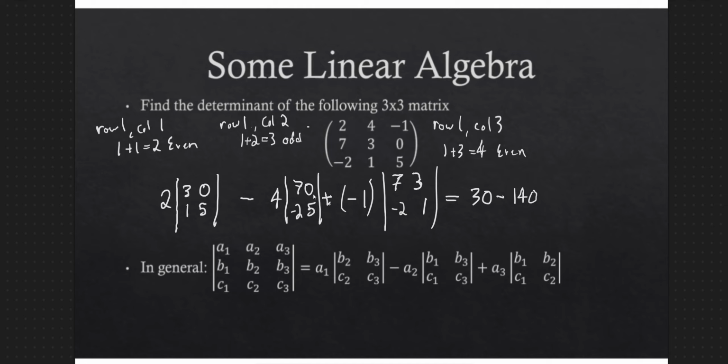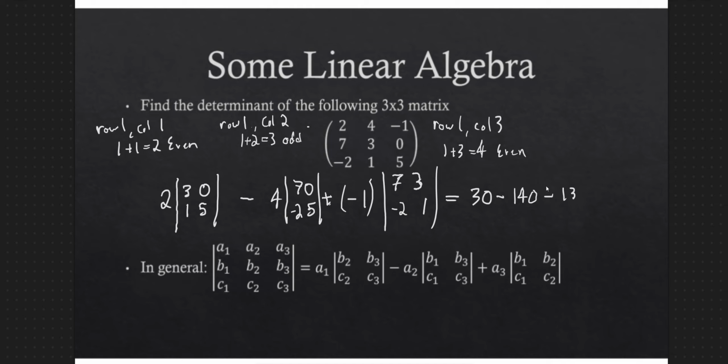Let me do that calculation again. 7 times 5 is 35, minus 0, so 35 is this determinant, times 4, 140. Good. And then the last one, here I have 7 times 1, 7 minus negative 2 times 3, that's negative 6. So that's 7 minus negative 6, 7 plus 6, that's 13. But this was a negative 1 here, so that's minus 13.